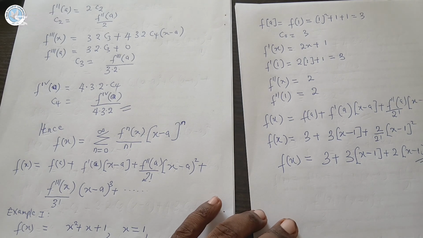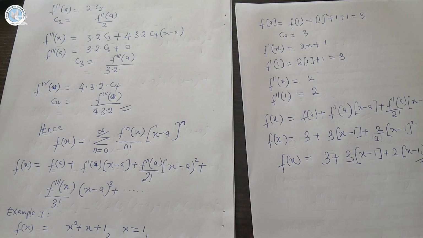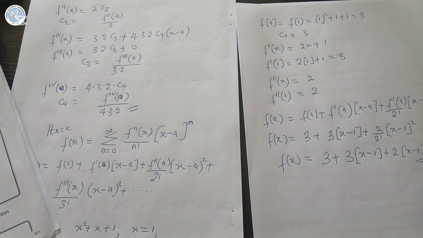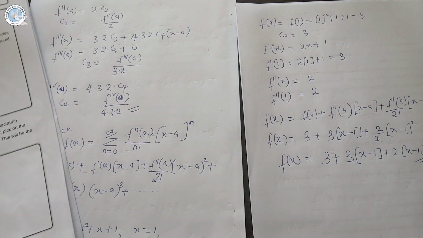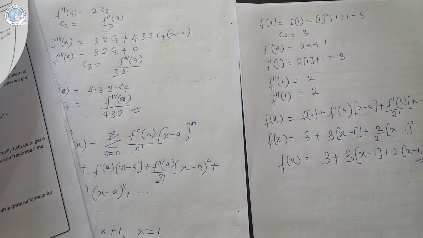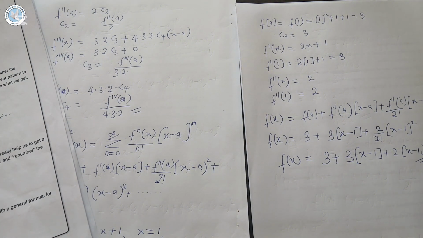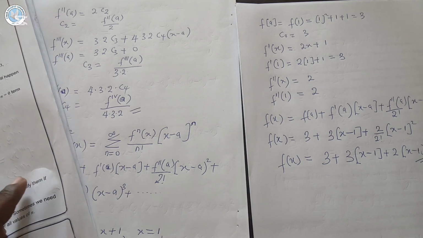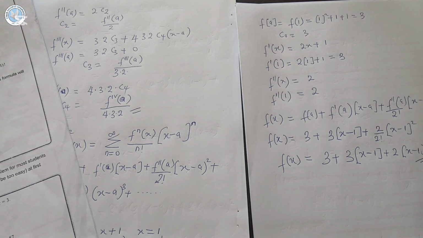So on that note, we can actually write out the series that will stand as a standard of the Taylor series, because if you do not do that, we will be confused.